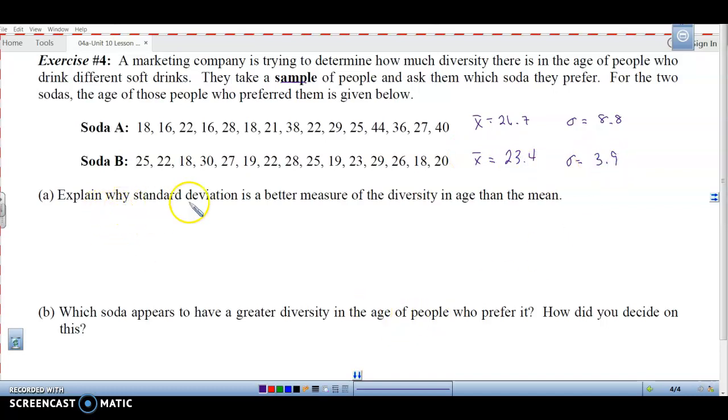Okay, so explain why the standard deviation better measures diversity in age than the mean. For soda A, the mean only gives you the typical age of the group.